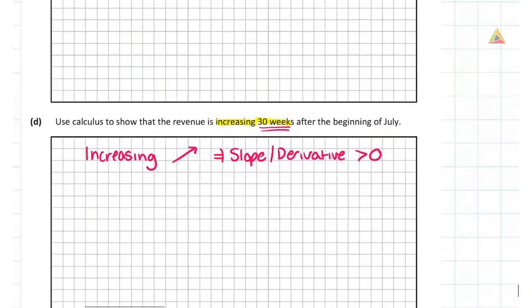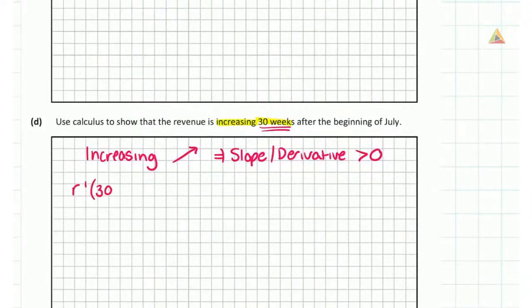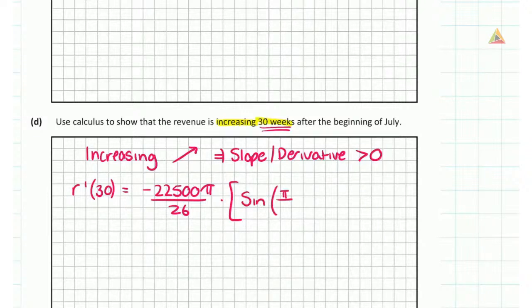So in other words, we're going to use our derivative, r dash t, but instead of time, we're putting 30 in here instead. So taking our answer from the previous part, that was minus 22,500 pi over 26 times the sine of pi over 26, and this time our time is 30.